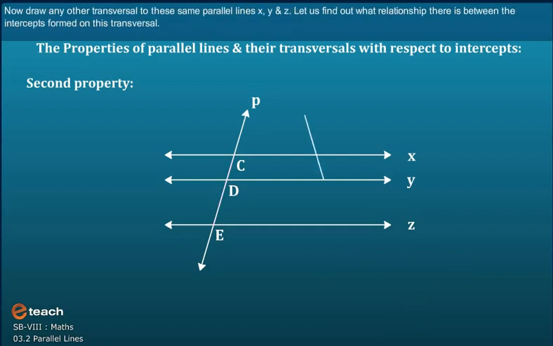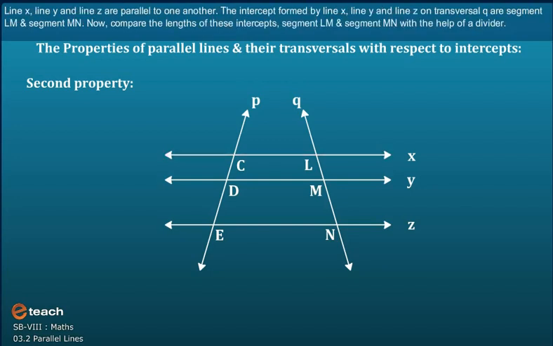Now draw any other transversal to these same parallel lines X, Y and Z. Let us find out what relationship there is between the intercepts formed on this transversal. Line X, line Y and line Z are parallel to one another. The intercepts formed by line X, line Y and line Z on transversal Q are segment LM and segment MN.